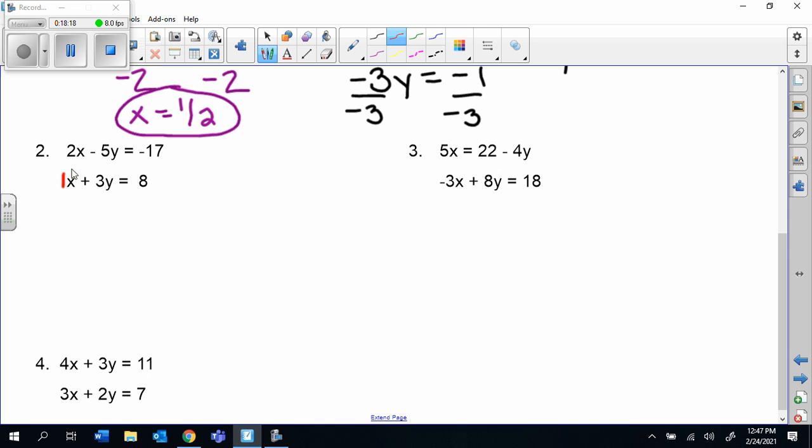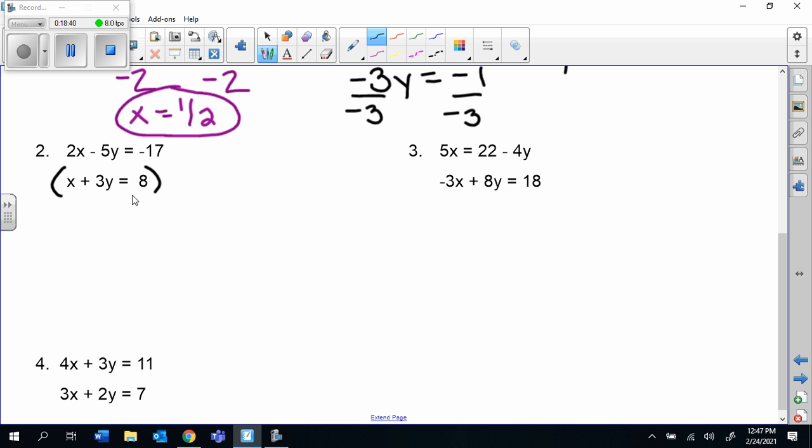If somehow I could make this -2x, that would just be fabulous, because then these would be opposites, and when I added them straight down, it would go away. So, could there possibly be some way that I could do that? As a matter of fact, there is.